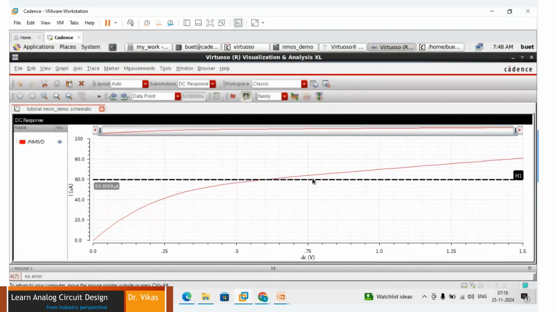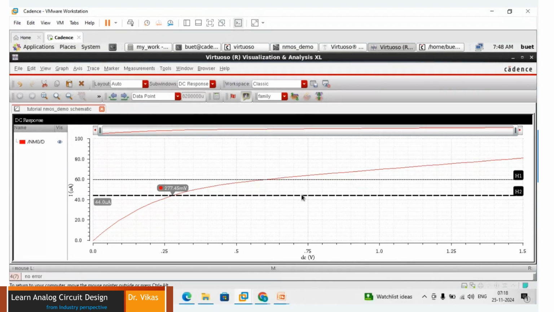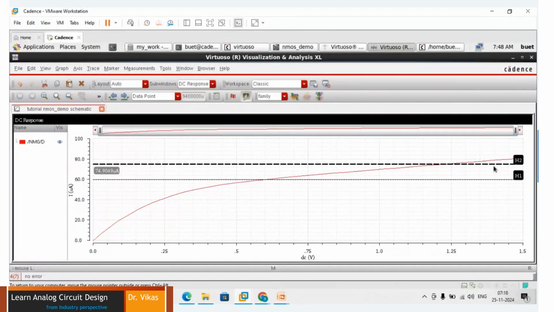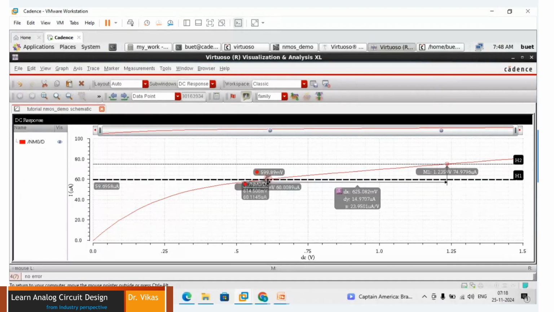Almost constant, but practically, as I was telling, there is a small increase. If I take a horizontal line by pressing H, and if I take 2 horizontal lines, look at the difference. If I just pick over here, there is a point over here, and if I measure the distance between these two, there's a 74 microampere of current.